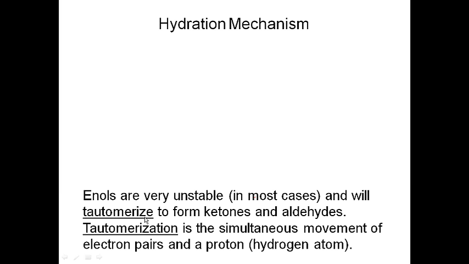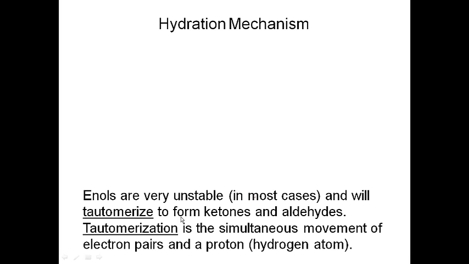Tautomerization is a simultaneous movement of electron pairs and a proton. Tautomerization is not forming different resonance structures. With resonance structures, you move electron pairs around, but you don't move atoms.